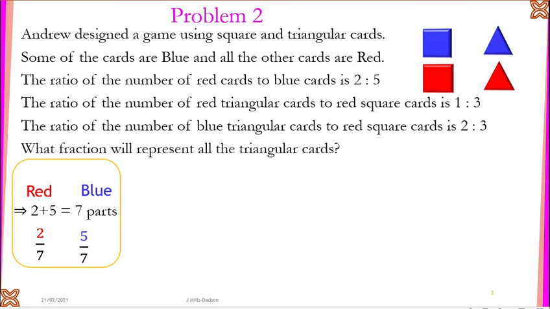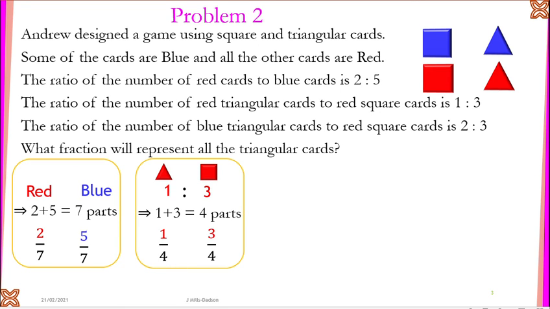Then let's go to red triangular to red square. Convert it also into proportion, 1/4, 3/4. Now remember, this is all the red. In terms of the total, red is 2/7, but this is only comparing triangular red to square red.